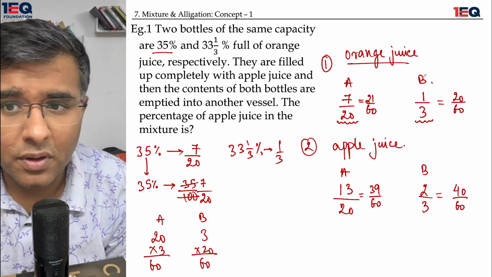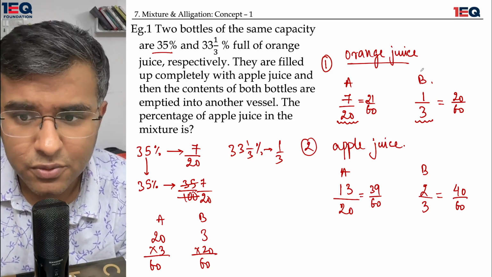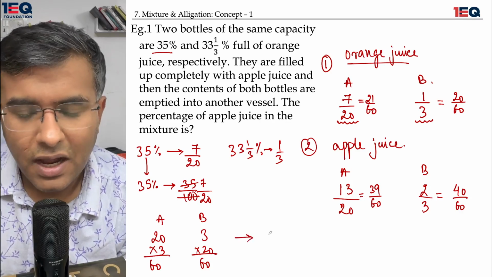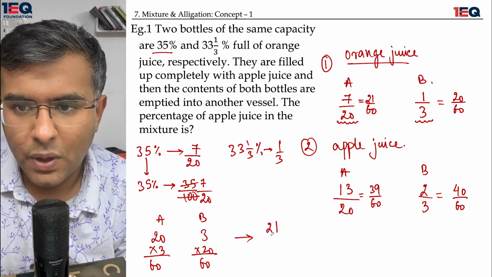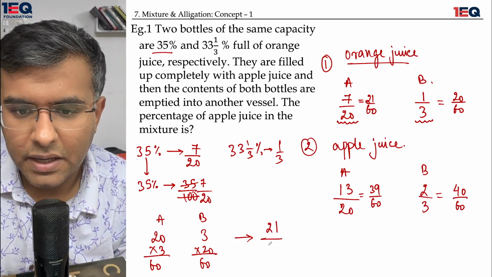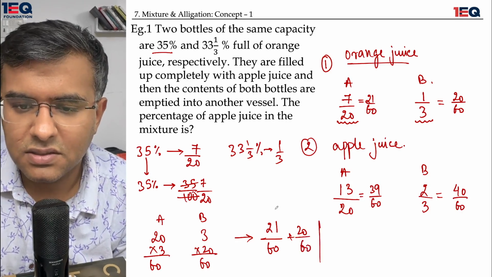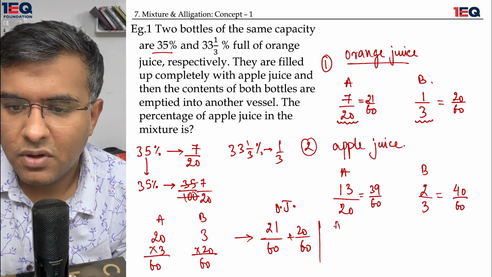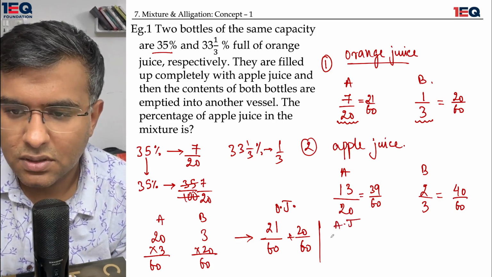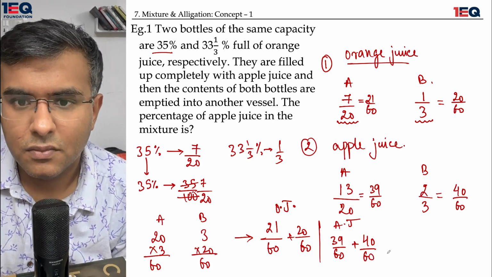So I have my quantities in place. The orange juice is clear. The apple juice is clear. So I'll quickly add up the orange juice first. The orange juice, OJ, is 21 by 60 plus 20 by 60. Then talking about AJ, that is the apple juice, that is 39 upon 60 plus 40 upon 60, right?